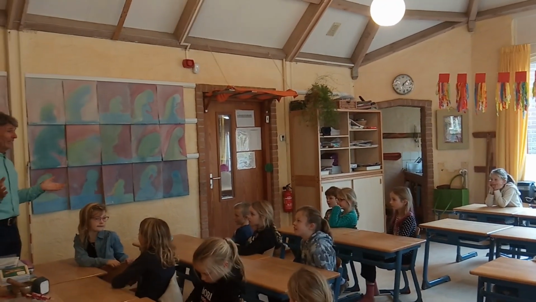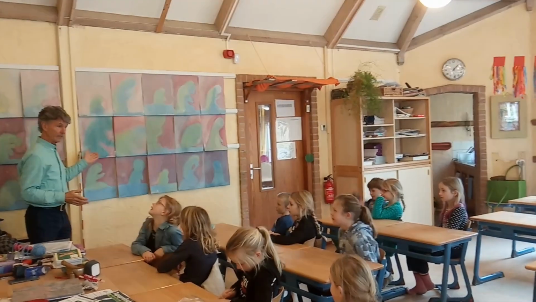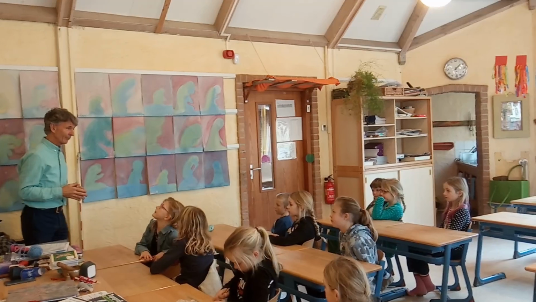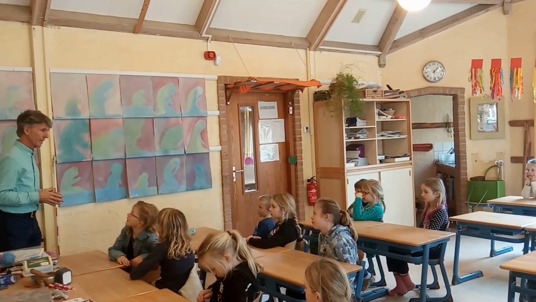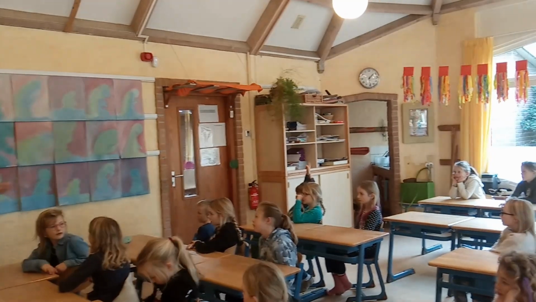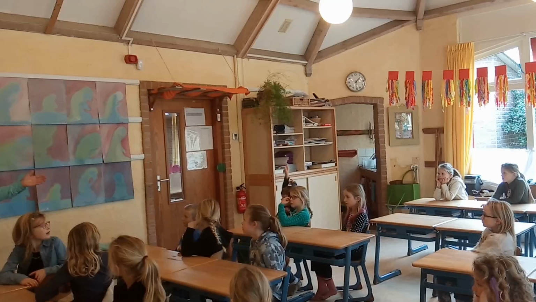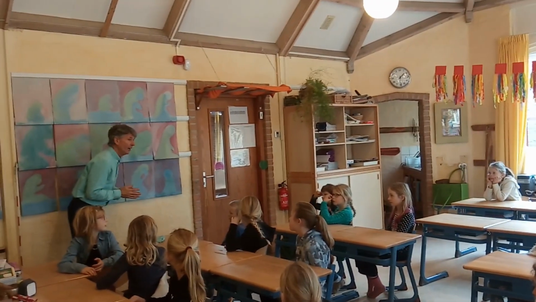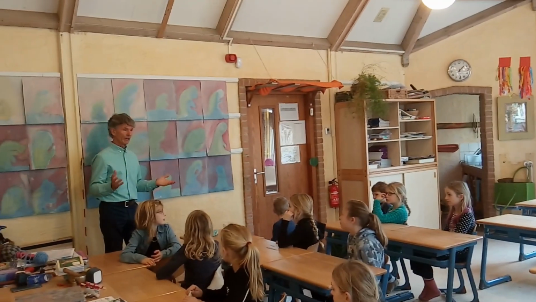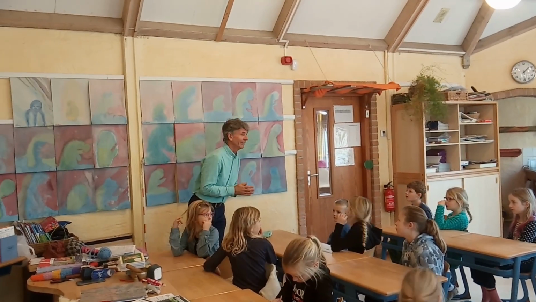Welcome, children, to the evaluation of the work you've done last week. We kijken naar het werk wat we vorige week gemaakt hebben. Do you see the way I've put them on the wall? Zien jullie misschien een manier waarop ik het heb opgehangen? Van licht naar donker. From light till more dark. Hetzelfde. Same.